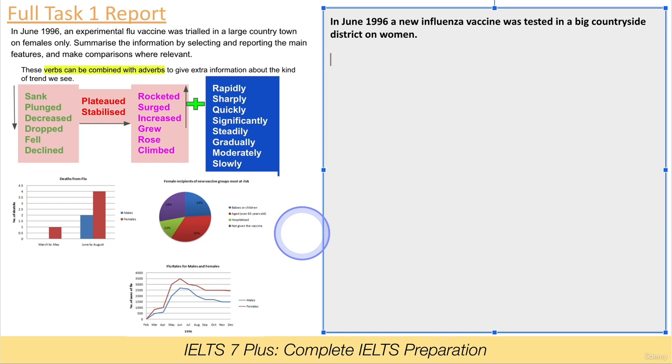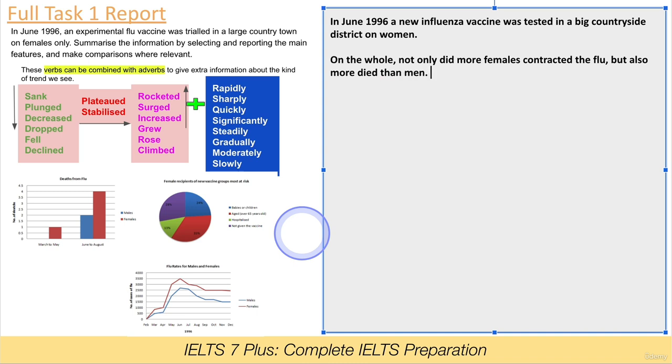So then we want to make our sweeping statement. A nice way to open this up is to say on the whole, in general, generally speaking. Not only did more females contract the flu, but also more died than men.